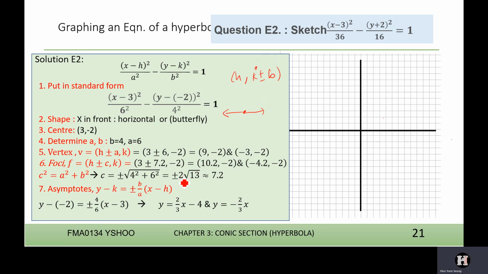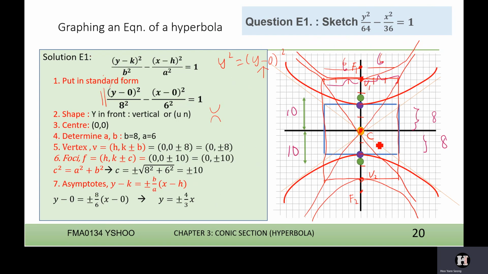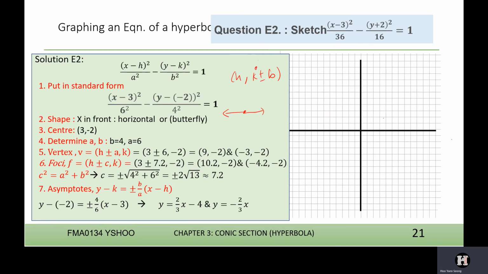Okay, so there are two ways. One way is like just now, where I calculate based on my picture, so I can know my vertices. Or another way, you can calculate the vertex and foci beforehand. So after the calculation, let's say this is 3, 2.